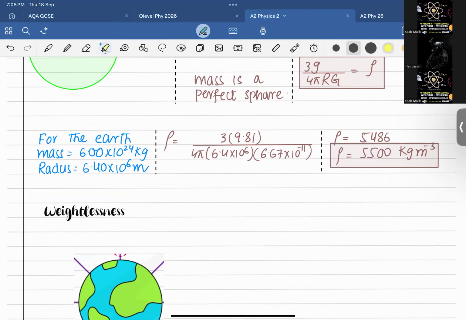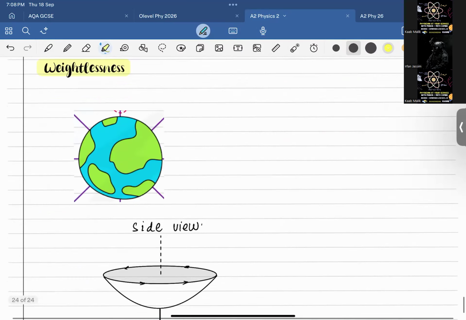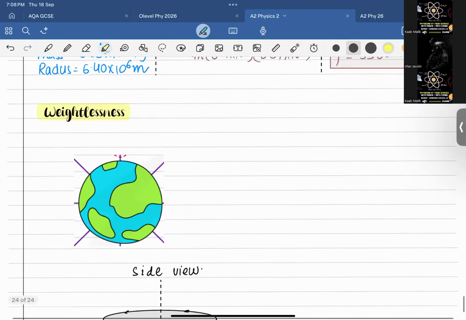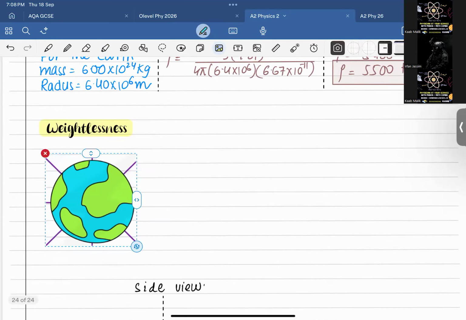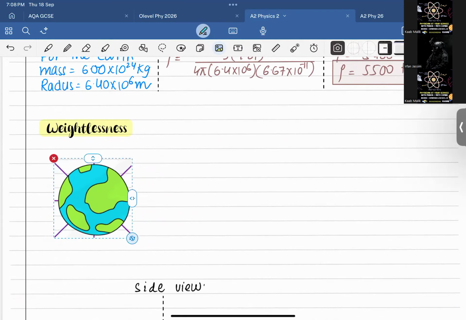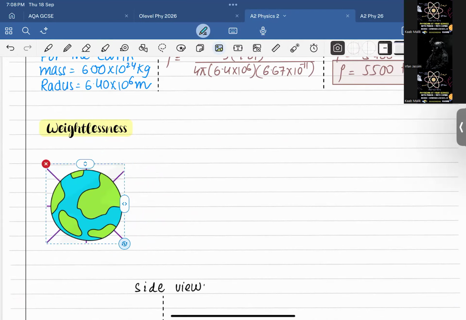So let's imagine that I have the earth. This is my earth. The earth spins on its own axis, like this.